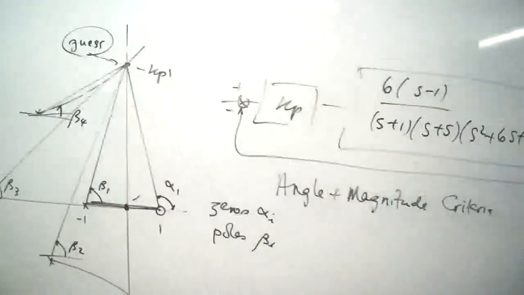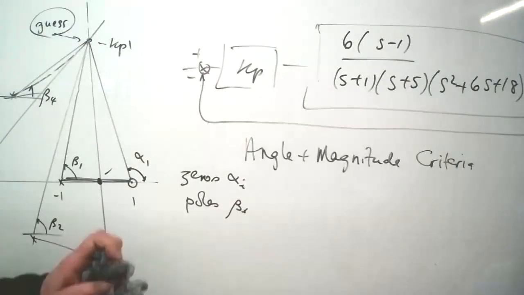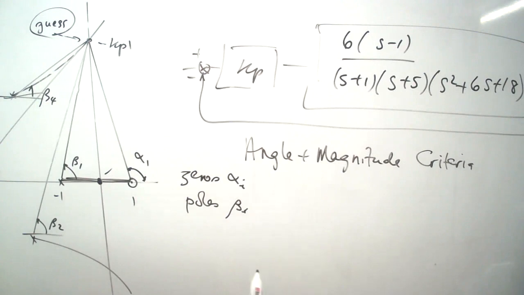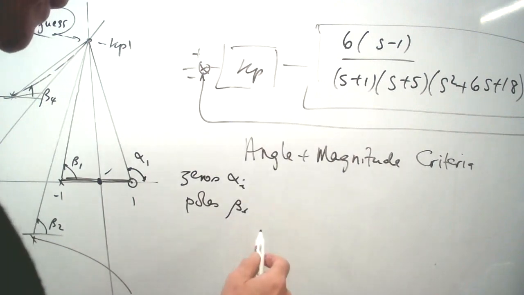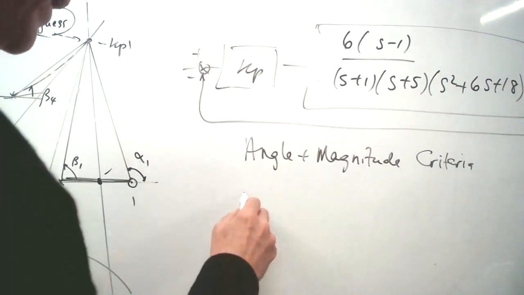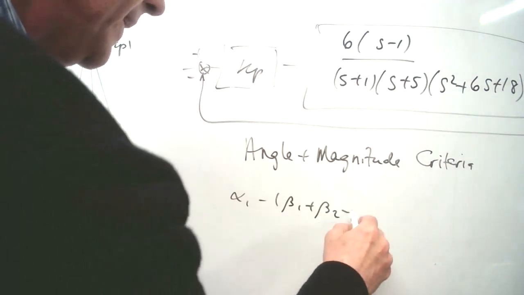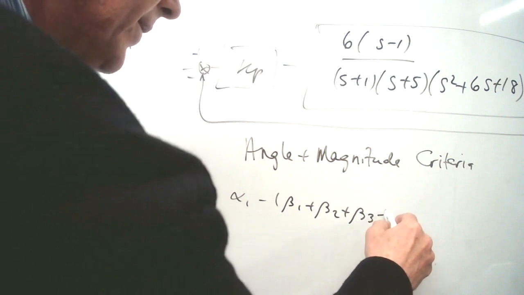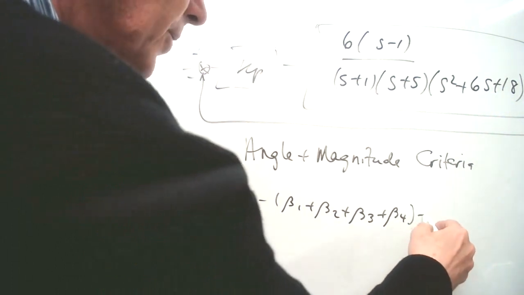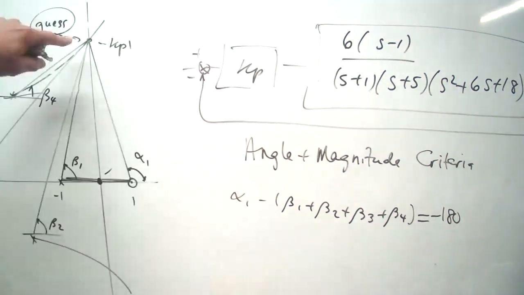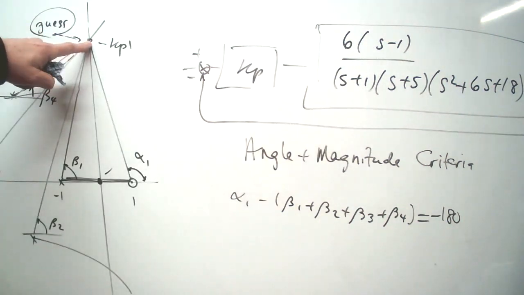Then we can check if the angle criteria is true or not. Now, the way we check the angle criteria is that the sum of the alphas minus the sum of the betas has to equal minus 180. So in this particular case, it's going to be alpha 1 minus beta 1 plus beta 2 plus beta 3 plus beta 4, which should come out exactly as 180 if this point is on the root loci.